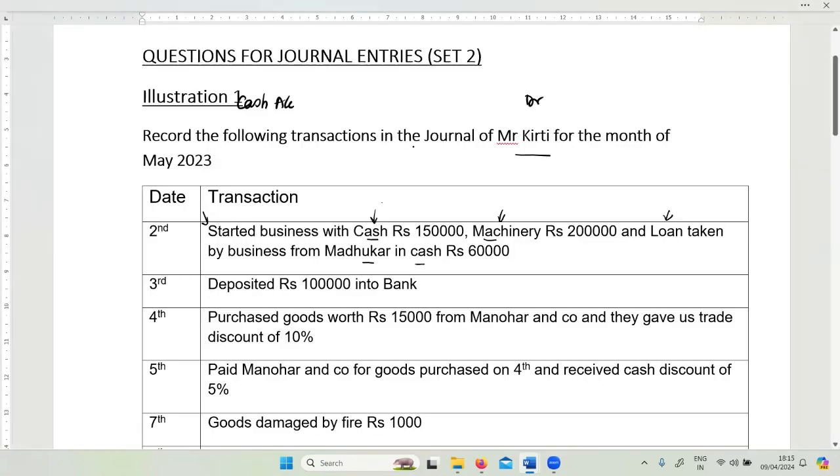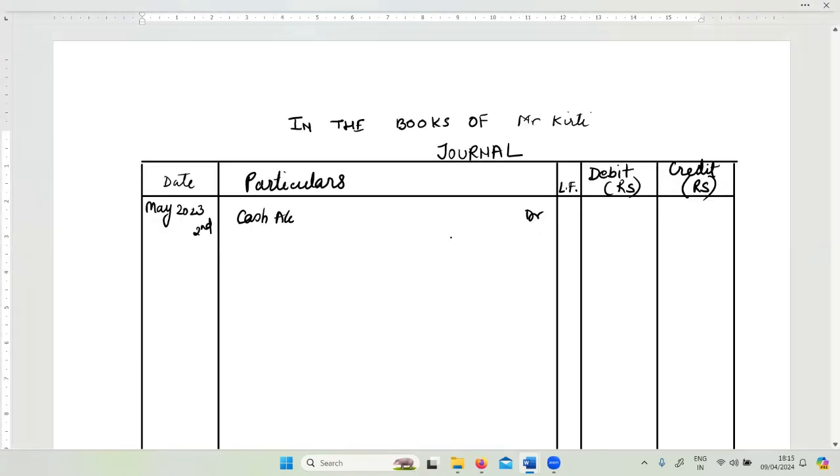Now remember here, if you see, cash is not just this particular 1,50,000, but it is also this 60,000 here. So the total amount that you're going to have in the business is 2,10,000 of cash, right? So I'm going to directly write here 2,10,000.